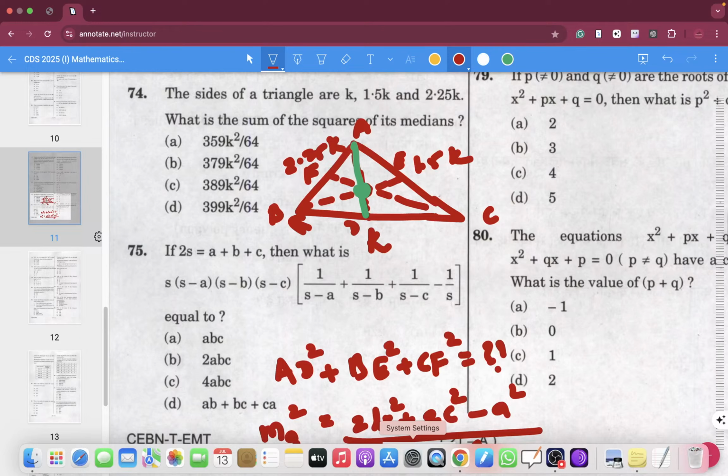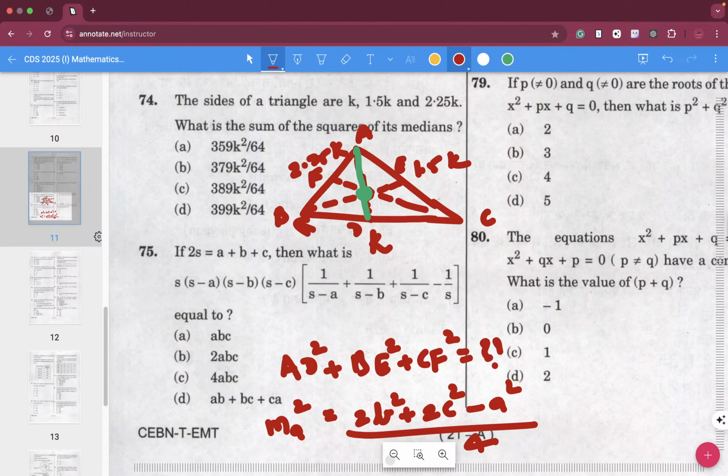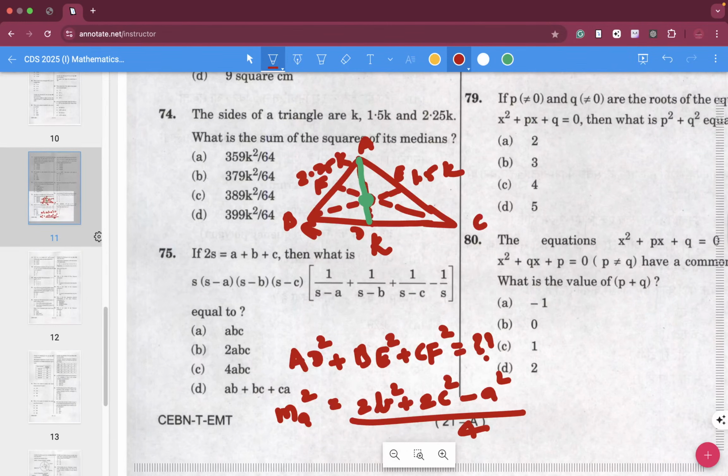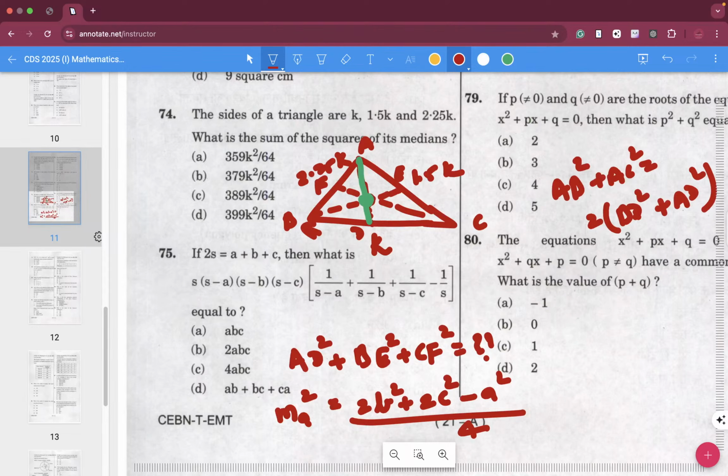You can prove this by yourself as well. The Apollonius theorem says if AD is median, then AB square plus AC square is equal to 2 times BD square plus AD square. So from this you can prove this as well.